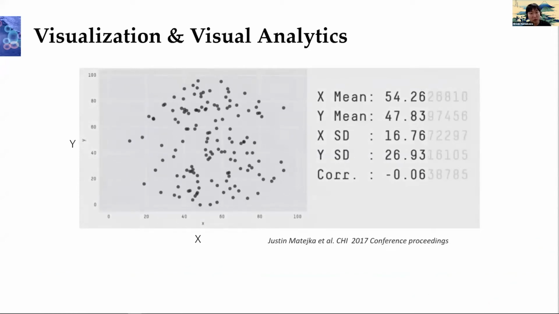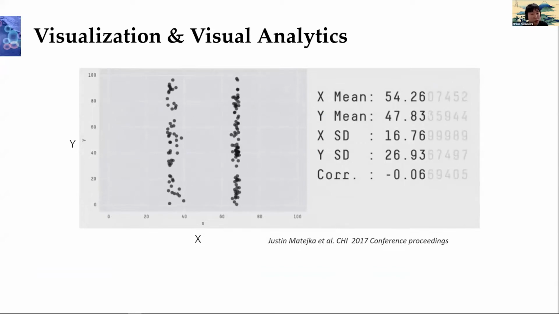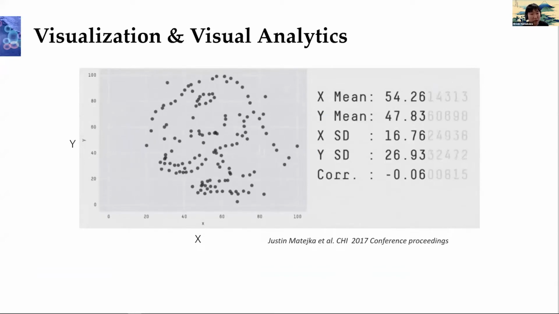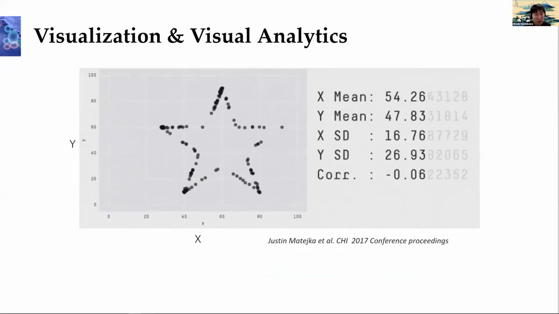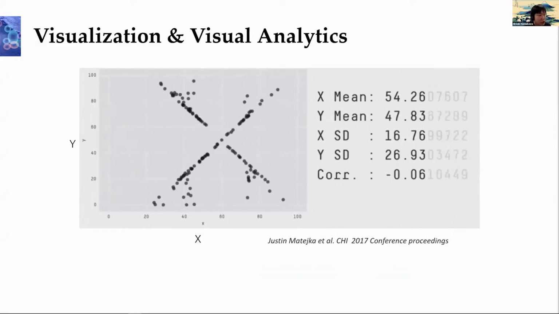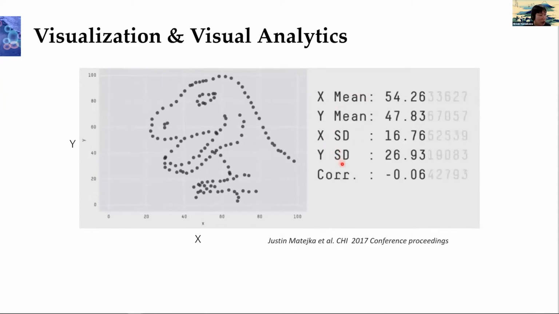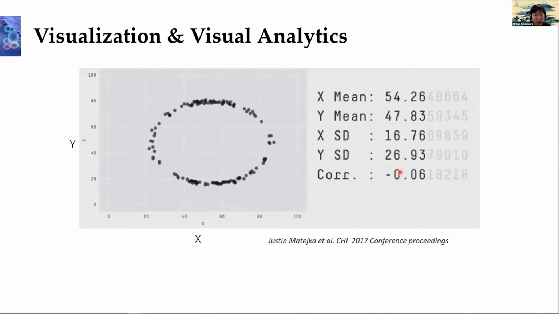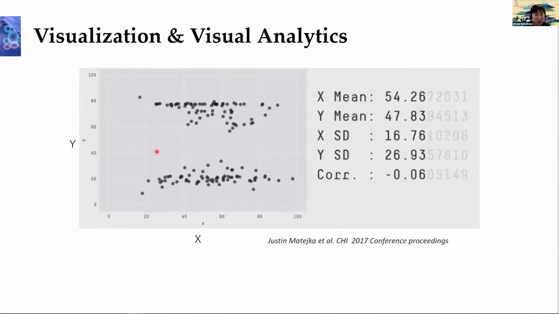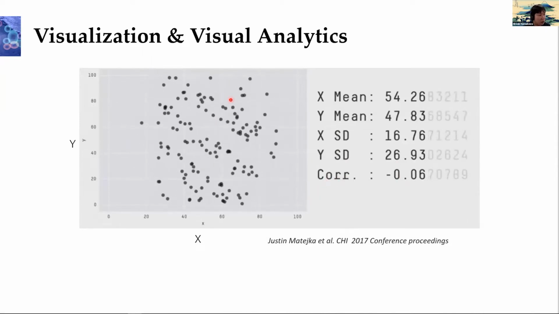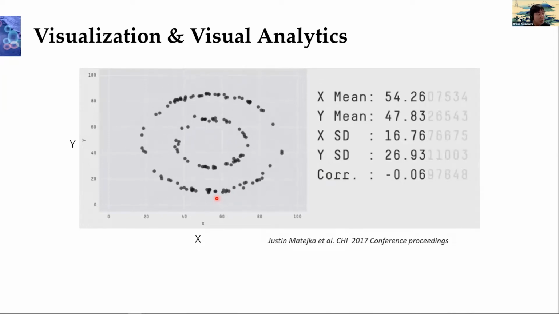This is a demonstration of data visualization, a numerical example from the CHI conference, Computer Human Interaction Conference. It demonstrates that the mean, standard deviation, and correlation are the same, even though the scatter plots are very different. And sometimes you can find a dinosaur in this data. It's very interesting, right?